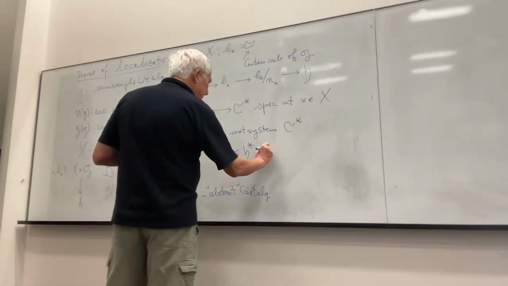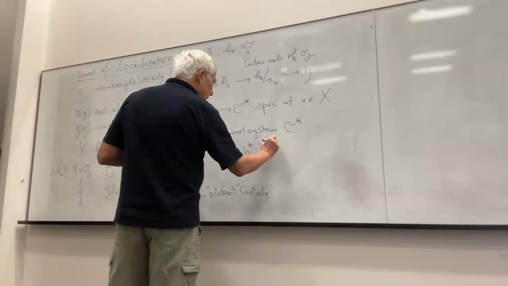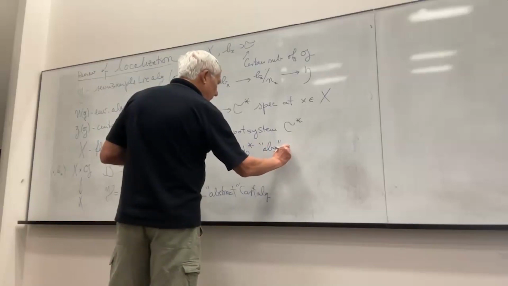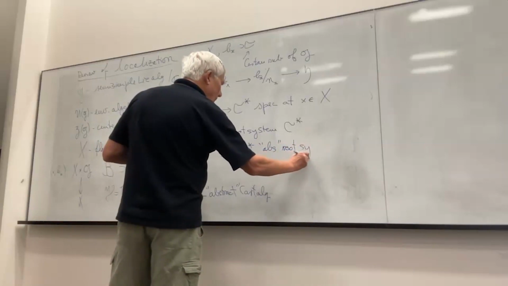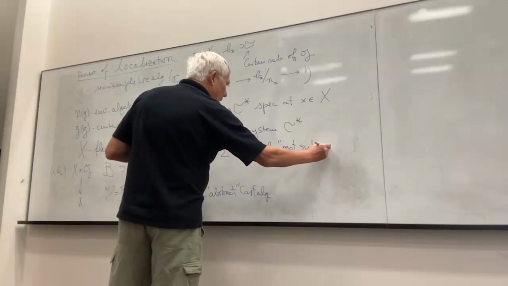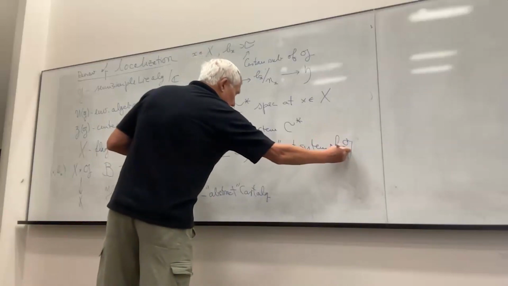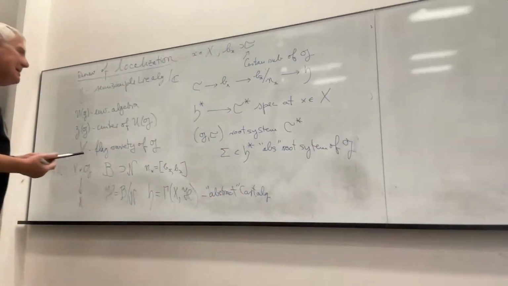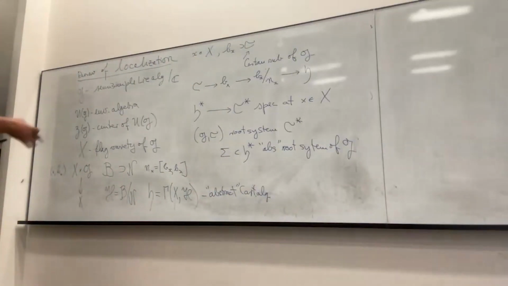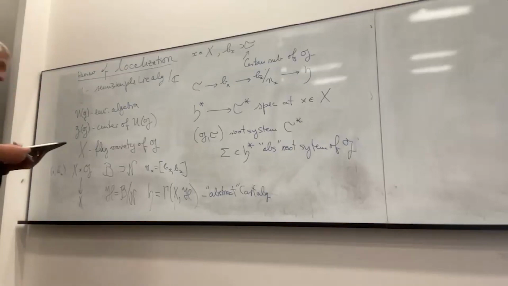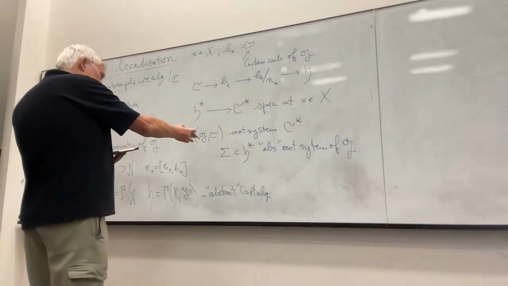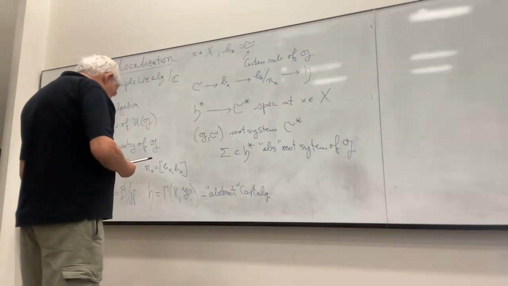And this is the abstract root system of g. And again, the conjugacy theorem says that for any c, you get the same root system. There's an isomorphism with sigma.